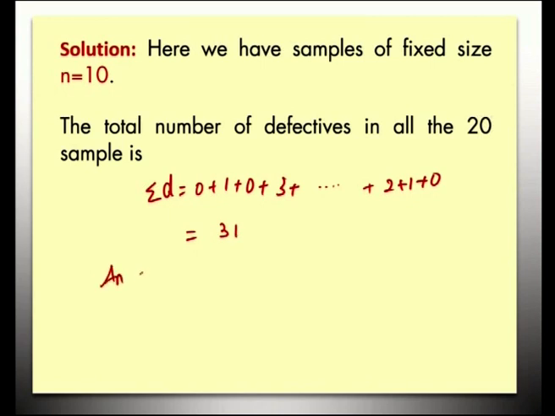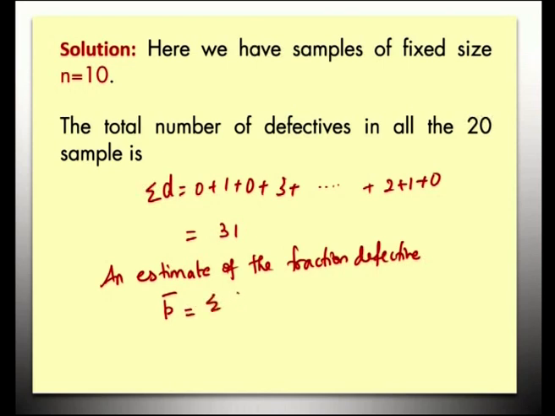So, an estimate of the fraction defective is done, that is P bar is summation D divided by n into k. And here there are 20 samples each of size 10, therefore n is equal to 10 and k is equal to 20.